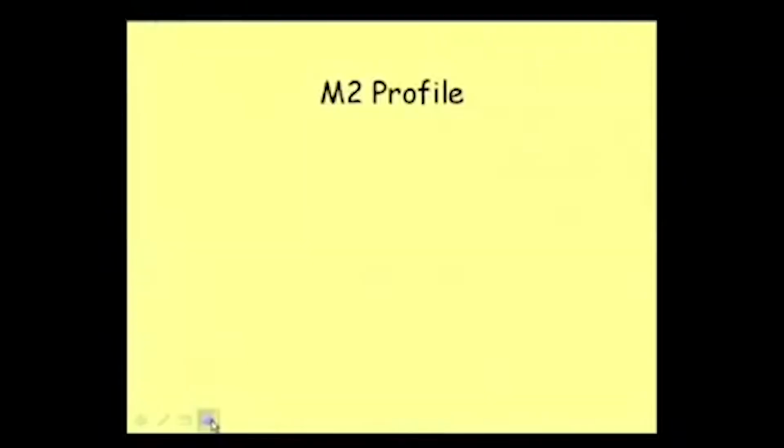Then let us see what will happen to the M2 profile. In the M2 profile, this condition remains the same. In a practical situation where we can have an M2 profile, of course different conditions are possible, but the CDL and the NDL, normal depth line, will be there. Suppose there is a drop, a canal drop, and water was flowing from this point, and then it will come down.